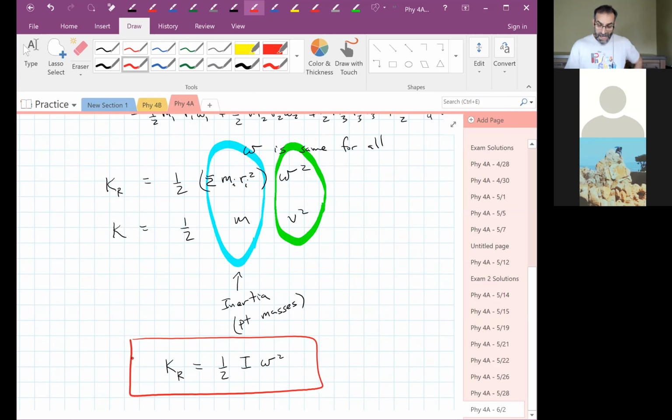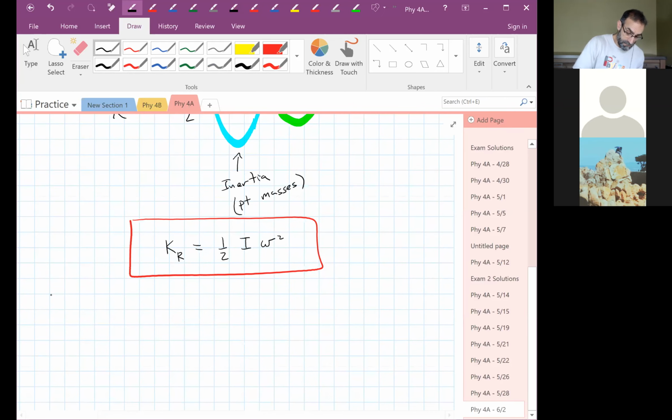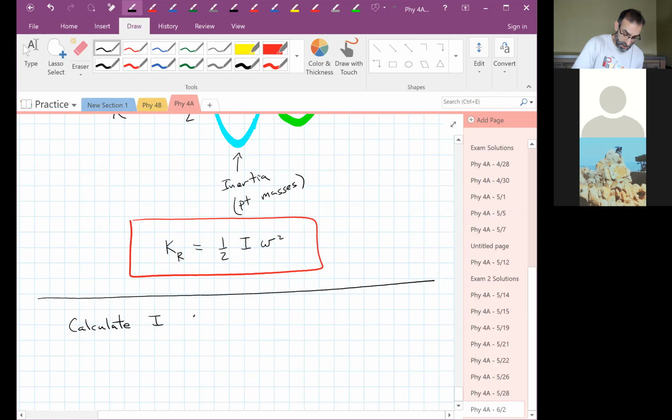Okay, let's calculate I, the rotational inertia, for a thin uniform rod rotating about its endpoint.